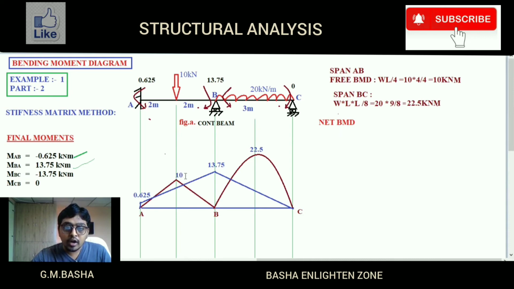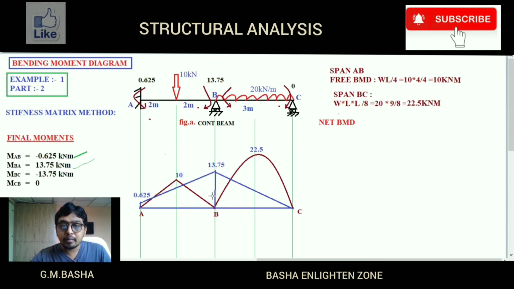There will be a point load exactly at the center, 10. So the ordinate at the center position will be 10. If I remove this, see this trapezoid position, you can add these two also. See here, 0.625 and 13.75.